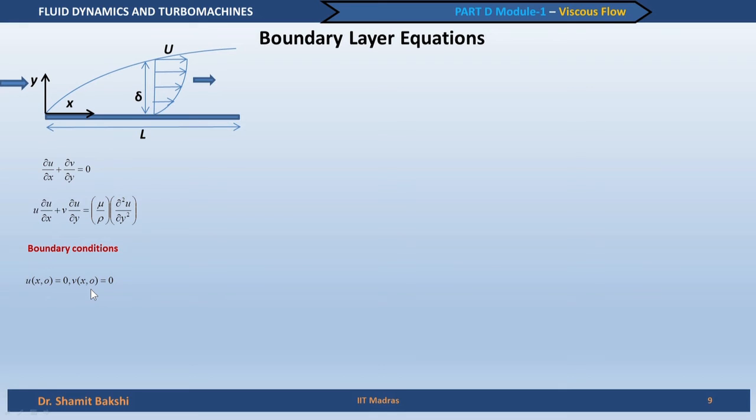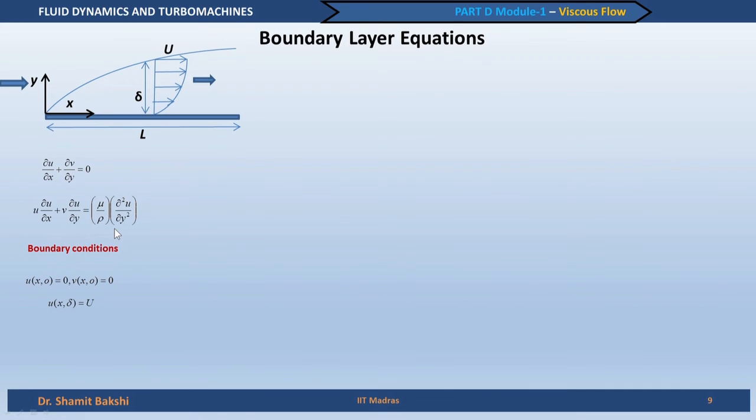This is basically the no slip condition applied on the wall, and no velocity perpendicular to the wall, or the same velocity as the wall perpendicular to the wall. The wall is stationary here, so this is 0. So this is one boundary condition at one edge, and the other edge is u at x comma delta is equal to capital U, the free stream condition. By applying this condition we can actually solve this equation, but let us see what more simplification we can do to this particular set of equations.